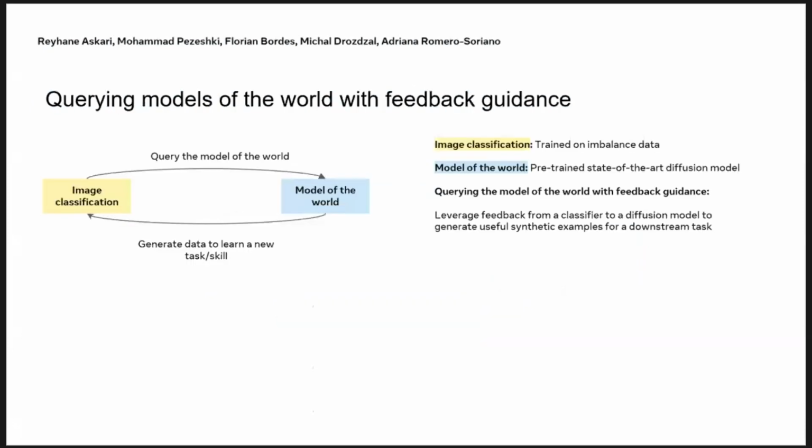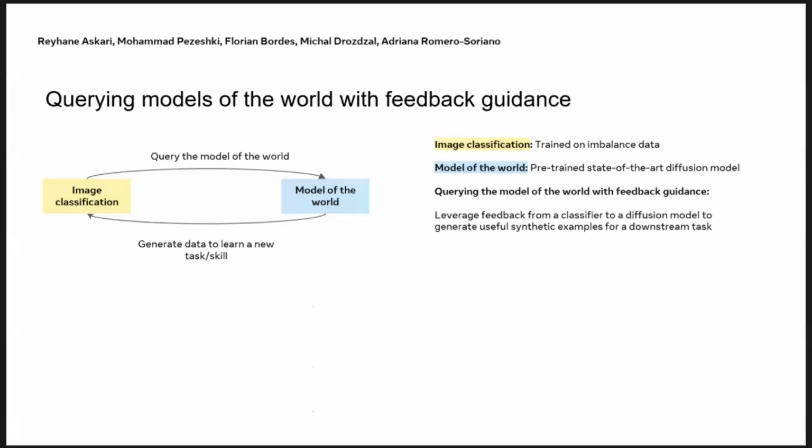The first implementation that we did of that is that for the machine learning model, we considered an image classification model. In this case, we will not only leverage synthetic, generated data, but also real data. We start from this image classification model that is trained on a real-world imbalanced data set. Then we have the model of the world.